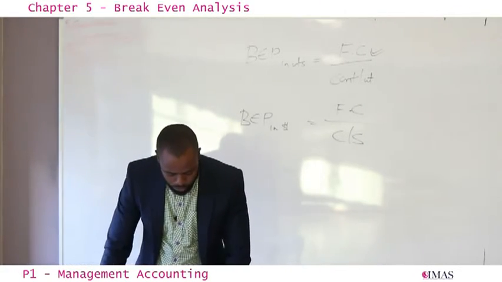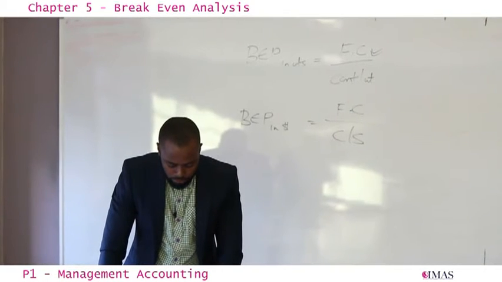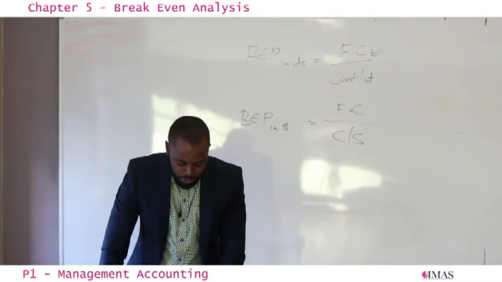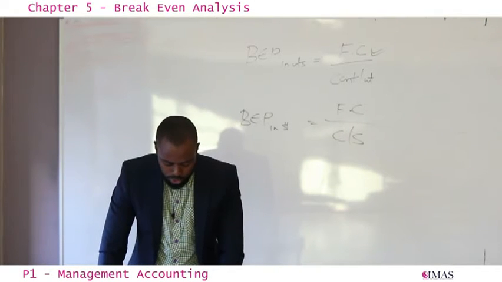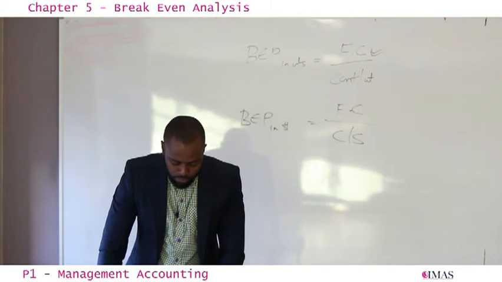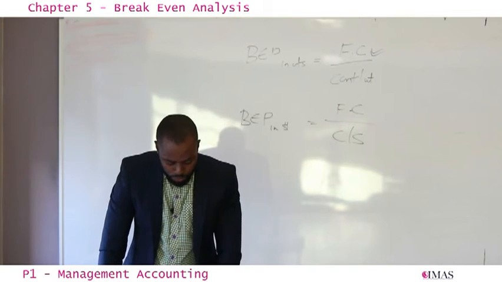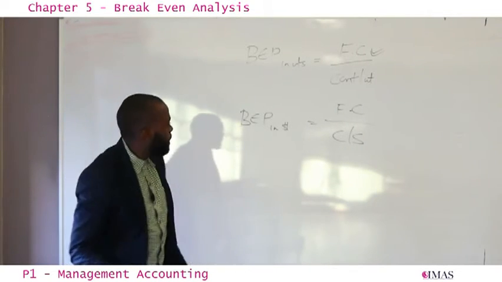Now from the question we're told, a company provides a single service to its customers. An analysis of its budget for the year ended 31 December 20x5 shows that in period 3, when the budget activity was 6570 service units with sales value of 72, the margin of safety was 21.015%. The budget contribution to sales ratio of the service is 35%.